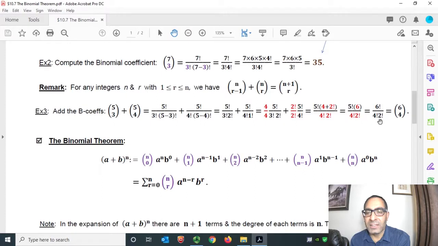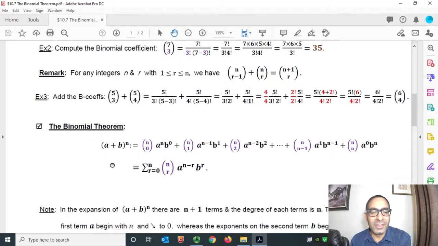And in the second last step here, 5 factorial times 6 becomes 6 factorial over the same denominator, 4 factorial 2 factorial, and hence 6 factorial over 4 factorial times 2 factorial is the same as the binomial coefficient 6 choose 4. I hope this makes sense to you all.